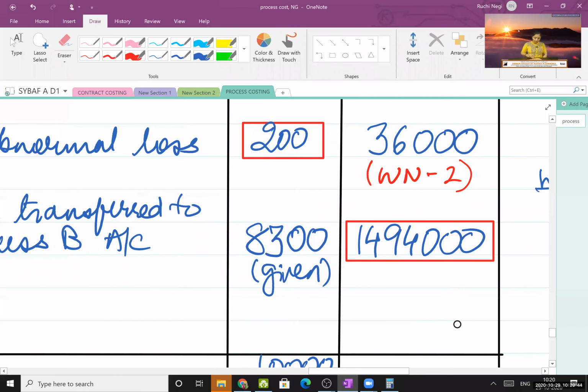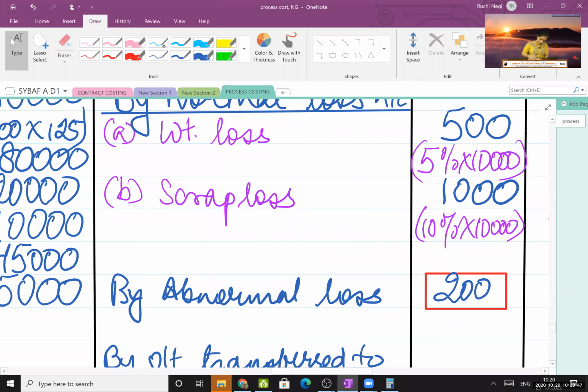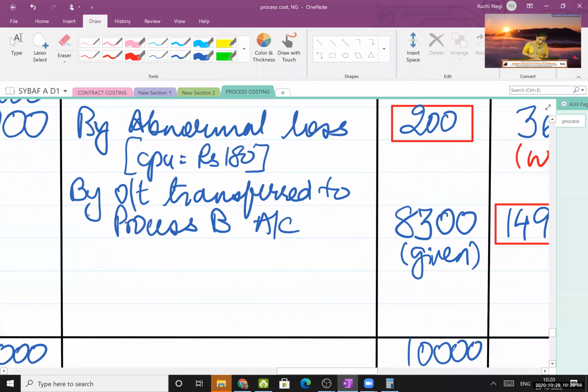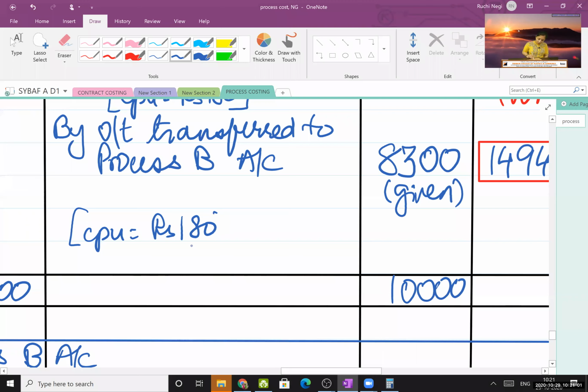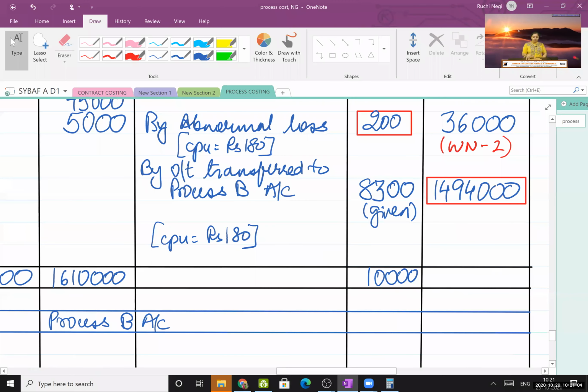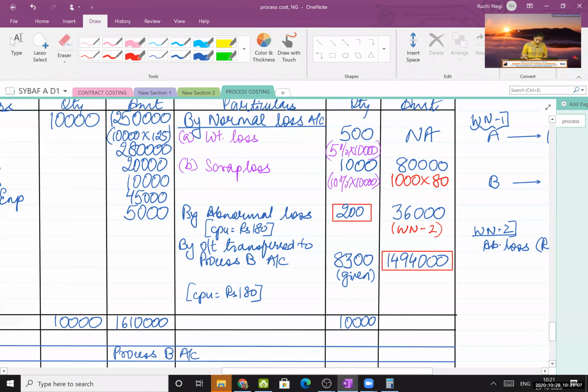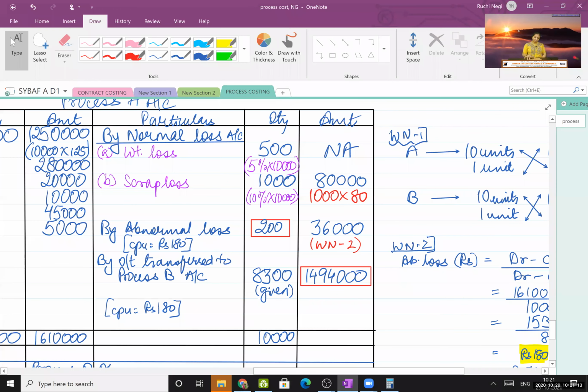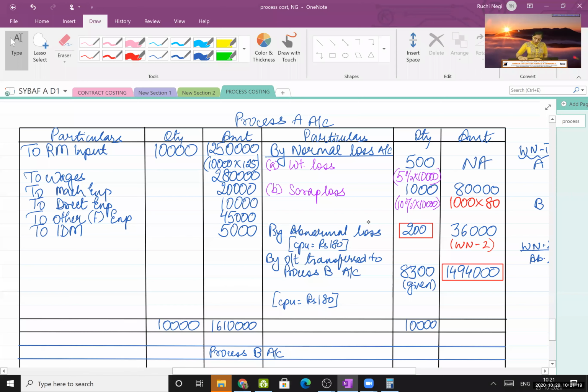Yes, my answer is correct. 180 आया ना मेरा answer. Is it clear till here? Everyone? Clear till here? Yeah. Okay, fine. Okay, now come to the next part.